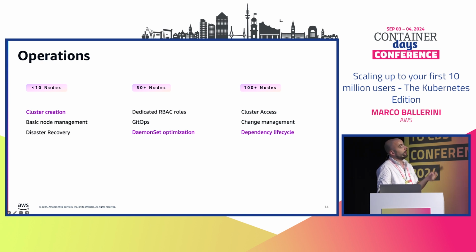When you get to 50-plus nodes, things start to be a bit more complex. So you might want to look into dedicated RBAC roles. For example, your developers should not have access to your production cluster, like rule number 1. But also, they should have dedicated roles with just the actions that they really need.